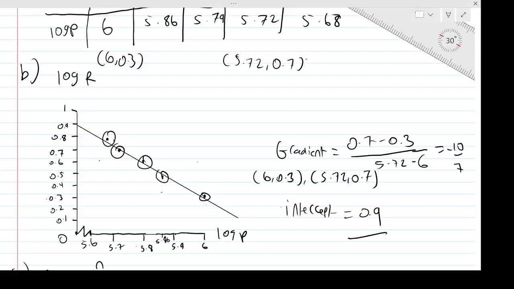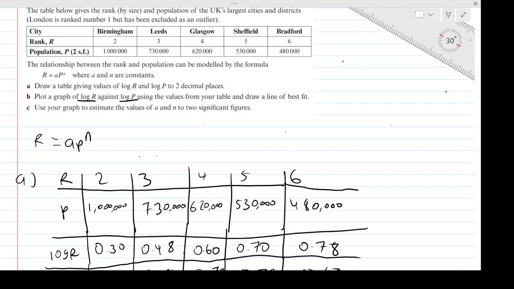Okay, I should say as well, this was from the textbook, the example they go over. The textbook's wrong here, I believe, because they did the opposite. They sketched log p against log r, so they got a different graph, and the gradient and the intercept were wrong. It should be log r against log p, because the question says plot log r against log p.